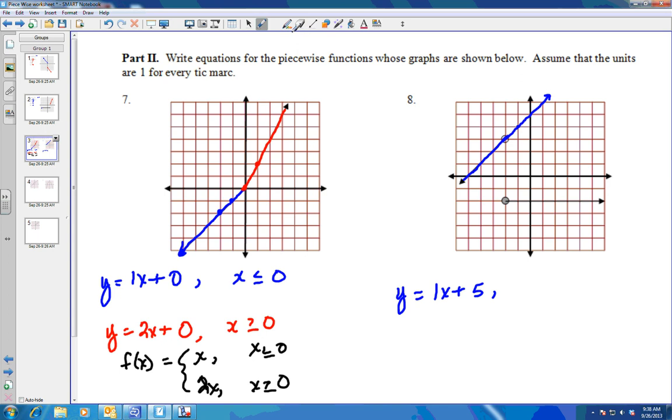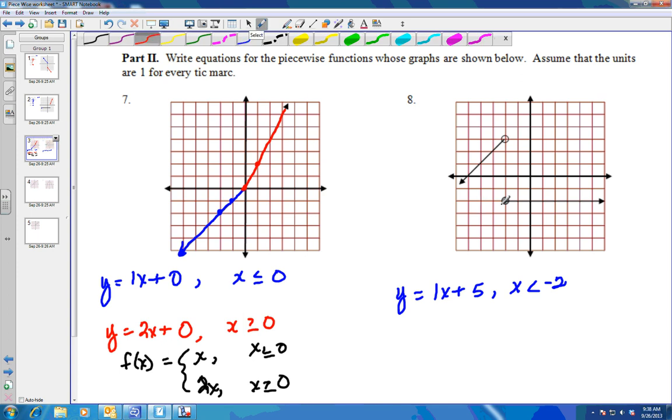Now, let's write down where they started. They started at x value negative 2, where x is less than negative 2 because it went to the left. And it's not going to be equal to because it's an open circle there. My red line is just this horizontal line that's going to be easy. Where is that horizontal line?